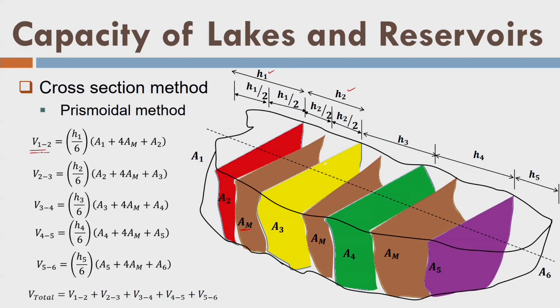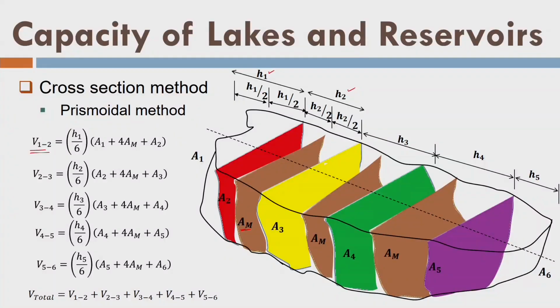So let us say L by 6, where L is equal to 2 times H. H1 itself is equal to 2H, because I am using A1, then A2, and estimating the middle area between these two sections, A1 and A2. That is why H1 is divided into two parts, H1 by 2 and H1 by 2. So basically H1 is equal to L.